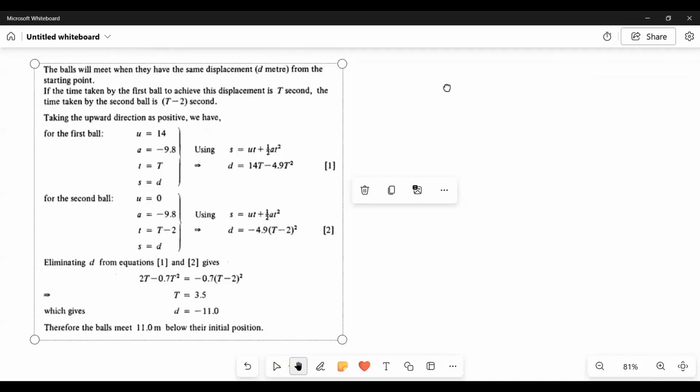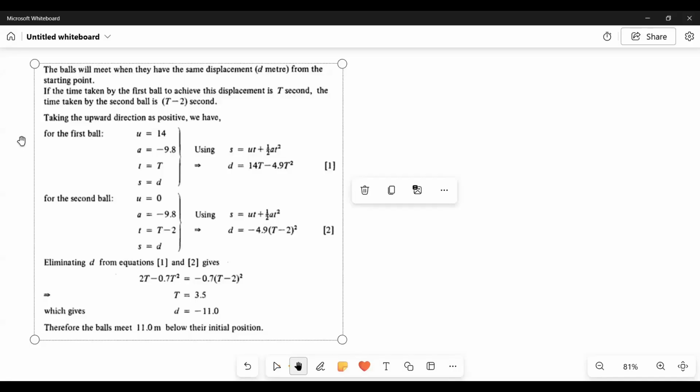Just give me 1 second. Yes. So what we're going to do is break the motion of these two balls into two parts. And rightly so.